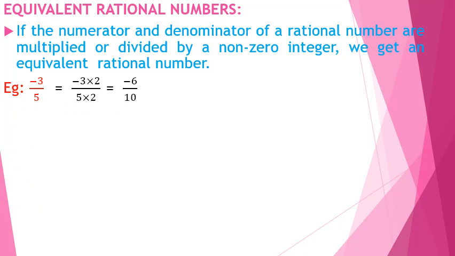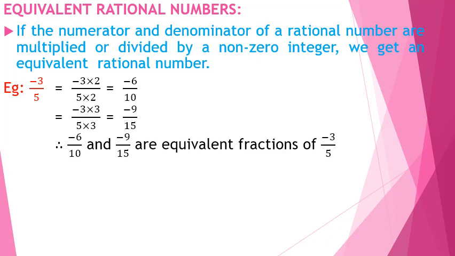Here we are finding the equivalent rational number by multiplying the given rational number with 2, 3, etc. If we multiply by 2, we get minus 6 upon 10. If we multiply it with 3, we get minus 9 upon 15 and so on. Therefore, minus 6 upon 10 and minus 9 upon 15 are equivalent fractions of minus 3 upon 5.